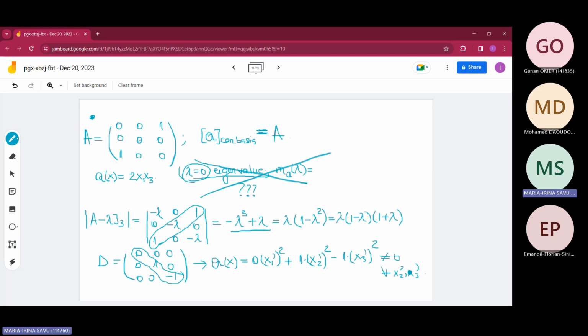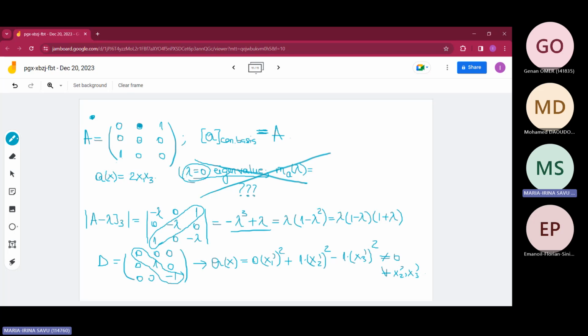So can this quadratic form be equal to 0 for each x2 prime, x3 prime? No, there is only one case where it is 0. So you won't have that the canonical form of Q is 0.